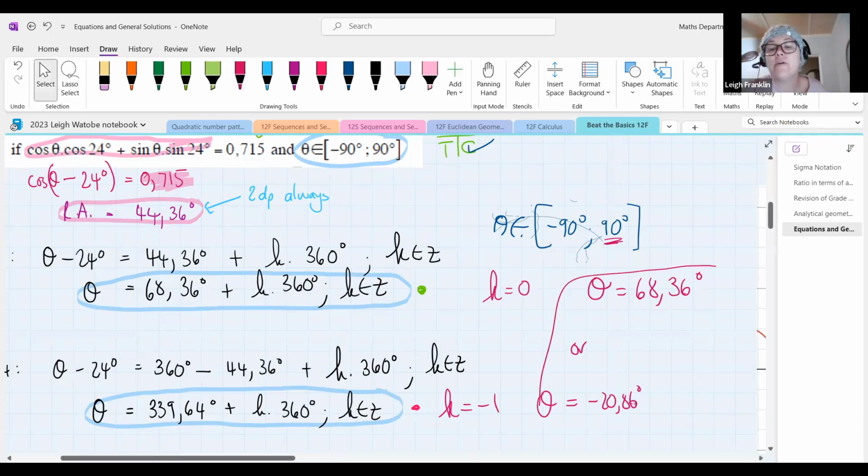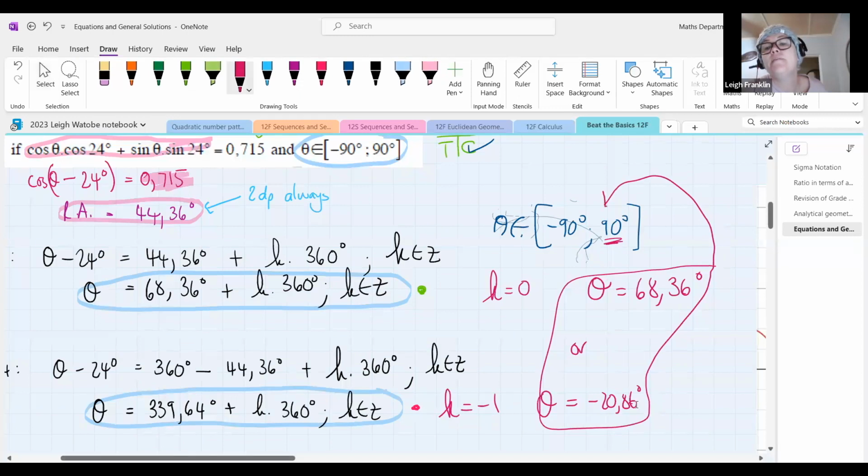And then our solutions for theta lie within the domain that has been given to us.